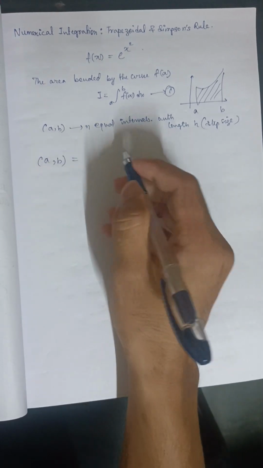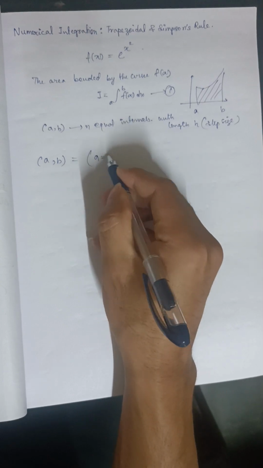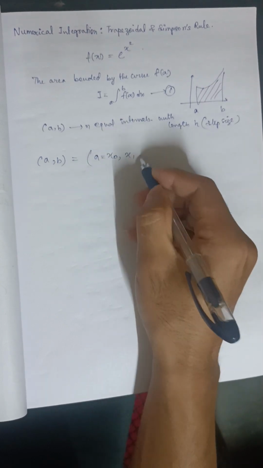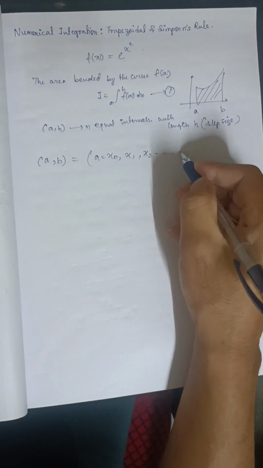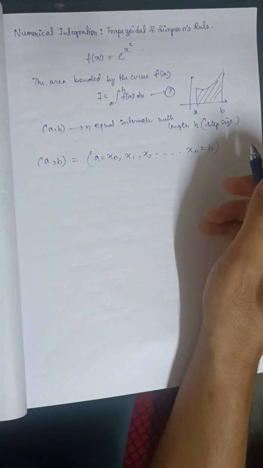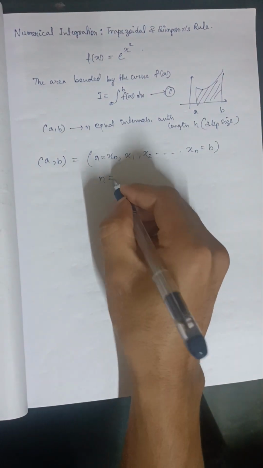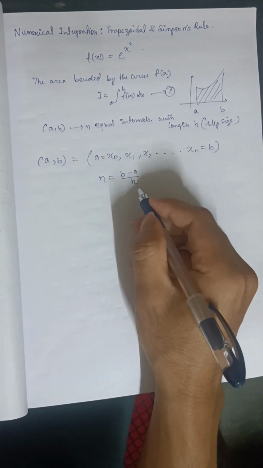We divide it into n intervals, so it will look like this. a will be x0, and we'll have x1, x2, up to xn, which will be equal to b. Here we can write n is equal to b minus a by h, where h is the length of the interval.